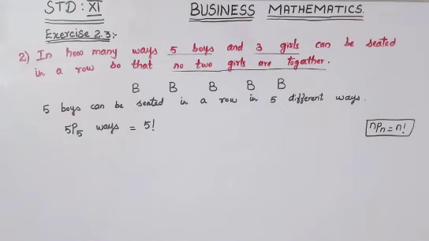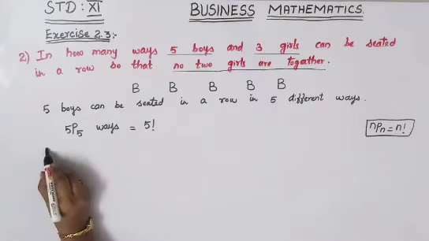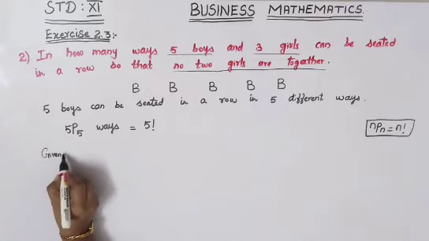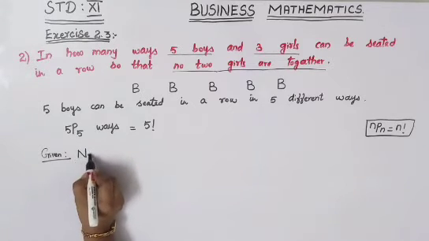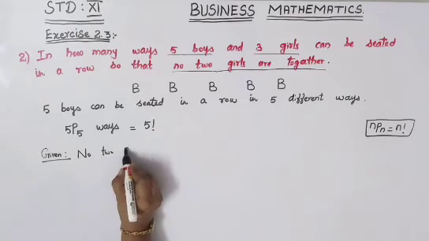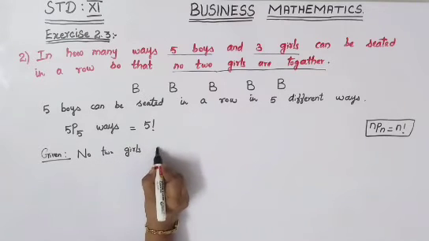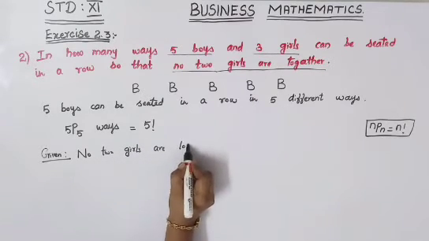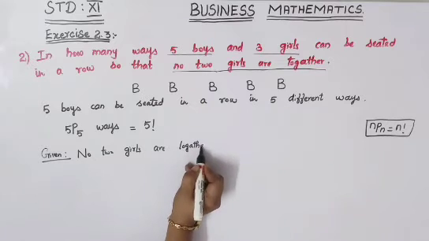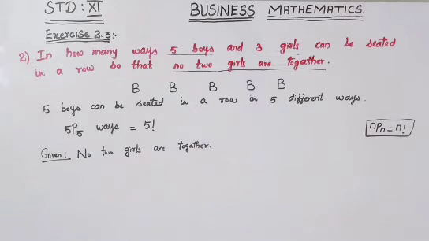Now the condition is no two girls are together. So the girls should be separate. But how many girls do we have? Only 3 girls. But how many places can be occupied?